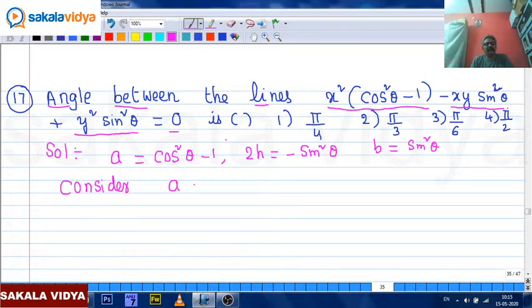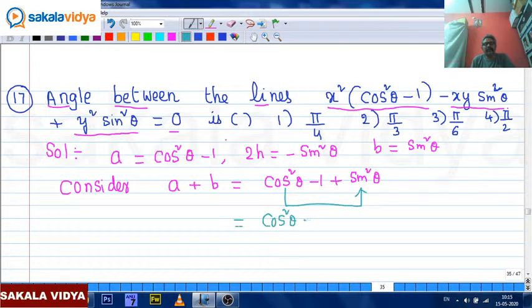A plus b means coefficient of x square plus coefficient of y square: cos square theta minus 1 plus sine square theta. Here write down cos square theta plus sine square theta, and we have minus 1. Cos square theta plus sine square theta is 1. So that is 1 minus 1, 0.